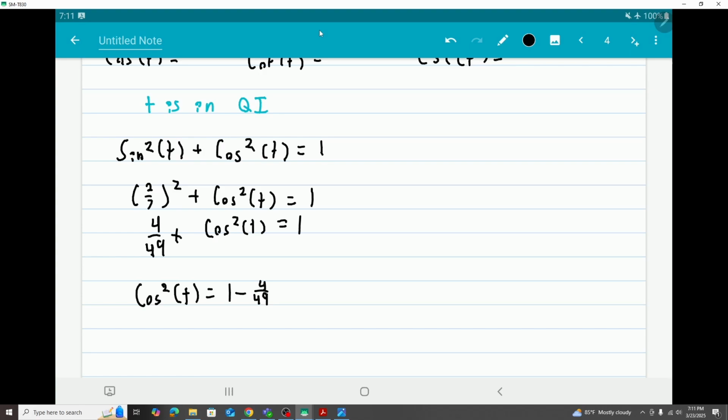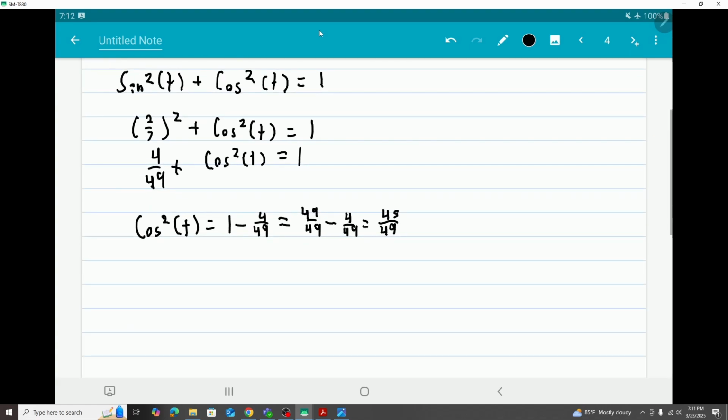If you're not comfortable subtracting fractions, then we want to get a common denominator. So 1 is 49 over 49 minus 4 over 49 gives us 45 over 49. So that's cosine squared.